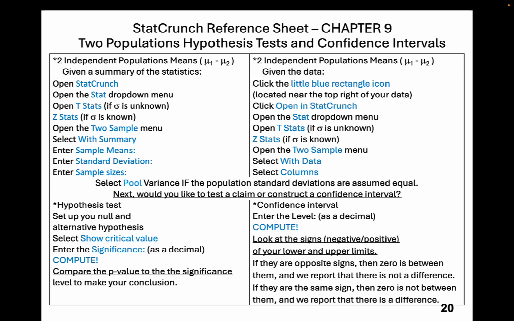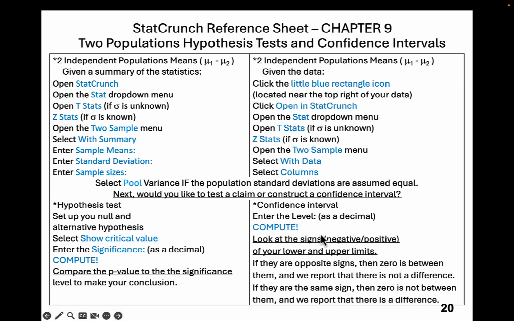We're going to open the two sample menu with summary, and the input screen is going to ask you for a few things. And then it's going to ask you if you want to pool the variance or not. Versus given the data, you'll have to choose between Z-stat and T-stat, but then you'll click on the column where the data is contained. All right.